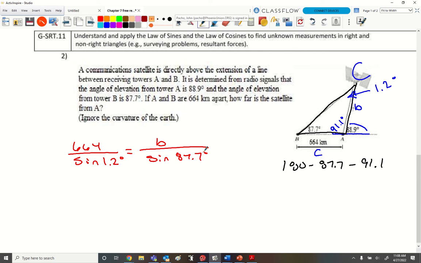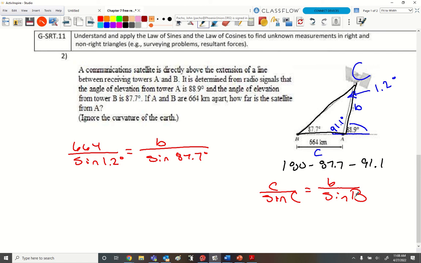Okay, so it looks like this. In this case that we're using, it's little c over sine of big C is equal to little b over sine of big B. So that's the one we're using here. And if I was using A's, it would say little a over sine of big A. Does that make better sense?